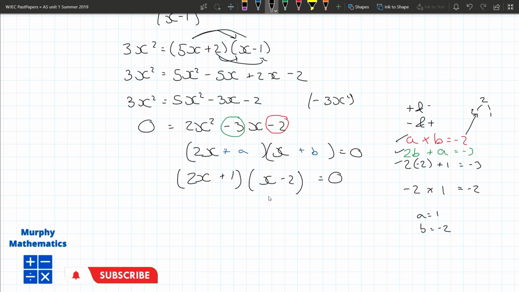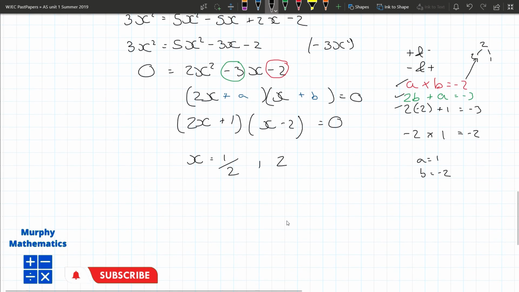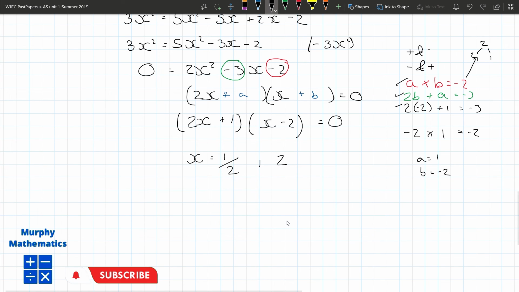So I now know that x is either minus a half, or x is positive 2. Okay, so I have a slight problem here, and my problem here is this minus a half.